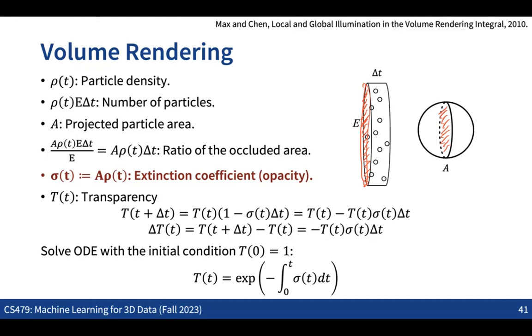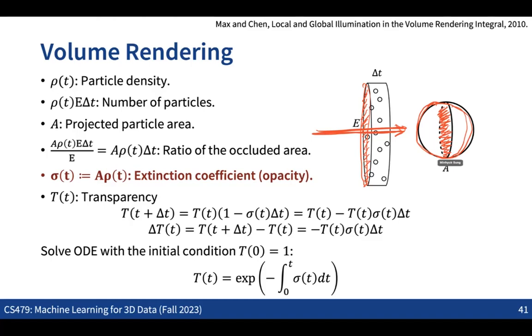What is meant by the projected area? Well, we are seeing all the particles through this direction, right? So the projection area is the projection of this sphere. When you assume that all the particles are spheres, it is the projection of the sphere along this direction. Then the projection area will be this area, right?